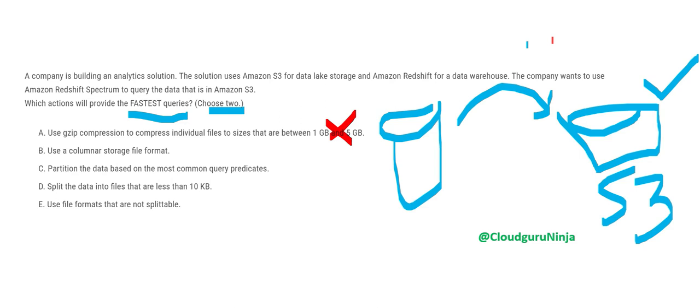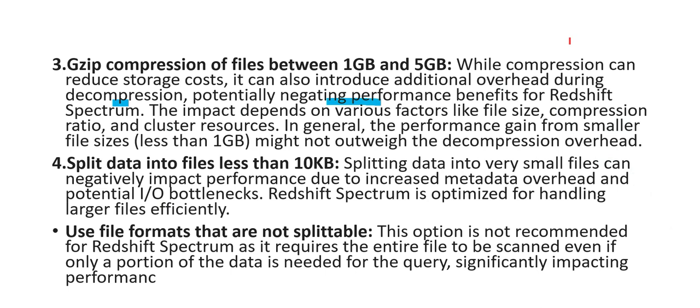Now let us quickly look at something which straight away looks incorrect. It is saying I will use file formats that are not splittable. See, if you wanted only a portion of data to be accessed, now this guy will have to read everything, scan everything, because you are saying I will not split the file.